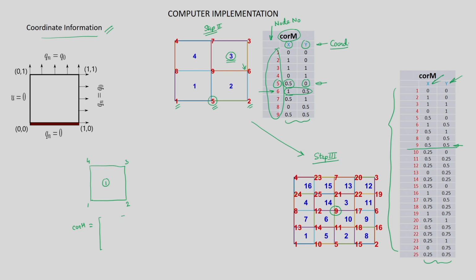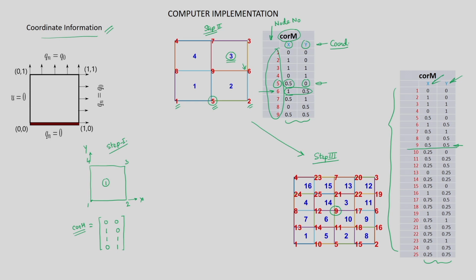And what will be the nodal coordinates, because each side is of length 1, and if this is the coordinate system we chose, the first coordinate will be 0, 0, the second coordinate will be 1, 0, third one will be 1, 1, and the fourth one will be 0, 1. So, that is how the coordinate matrix will look for step 1.